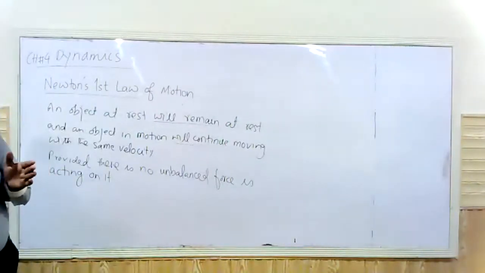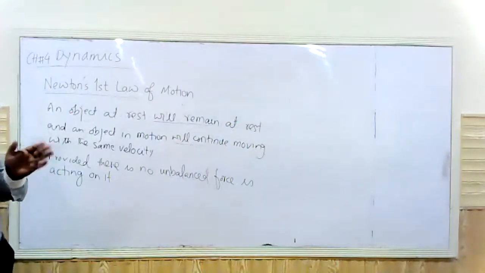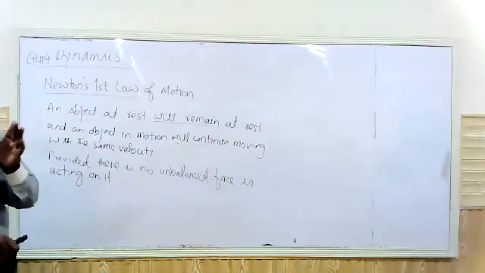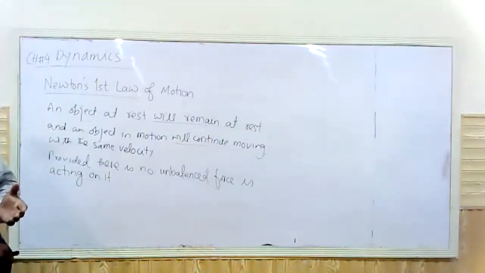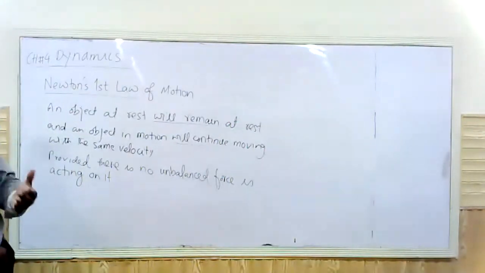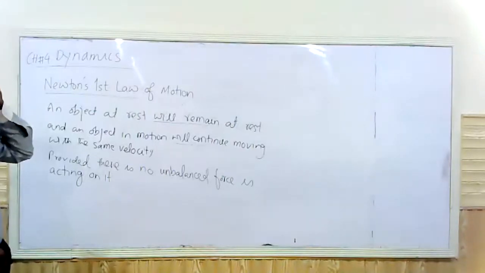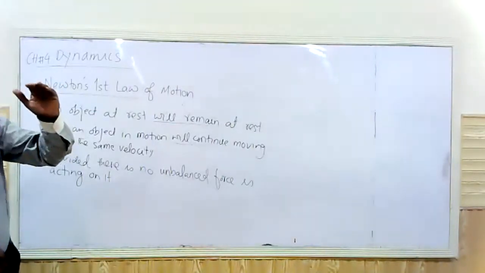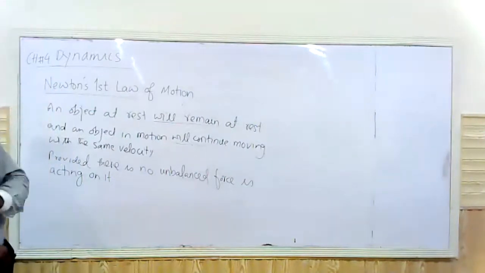In other words, it's not possible in physics to tell the difference between rest and uniform motion. That is why, if you are in a plane moving at a constant velocity, you feel no motion.